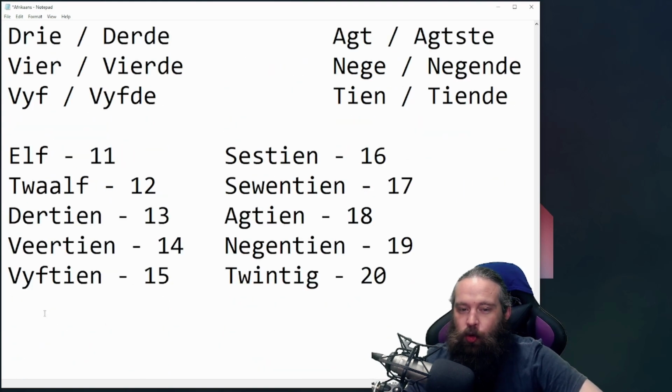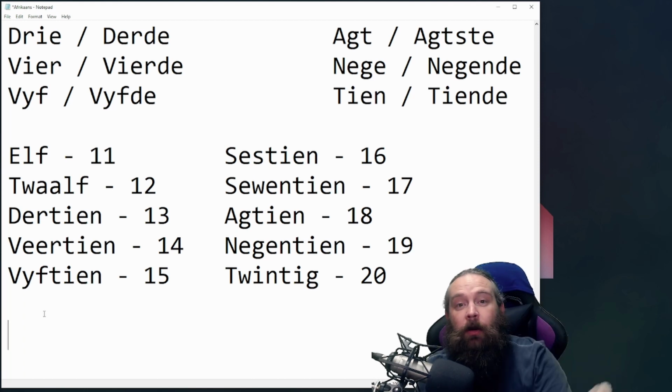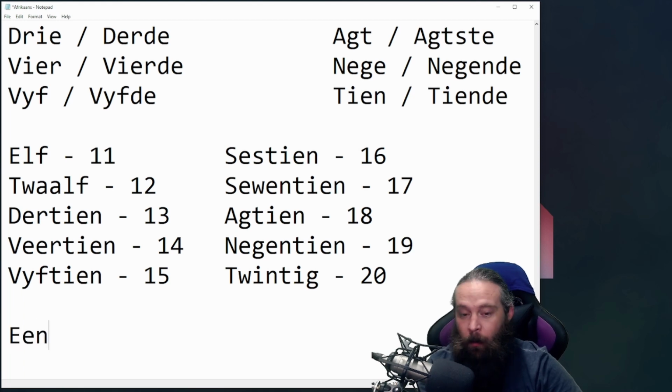But 20, 21, in Afrikaans, right? We swap it around. And we add the word en in between. So if we want to go 21 in Afrikaans, we go 1 and 20.